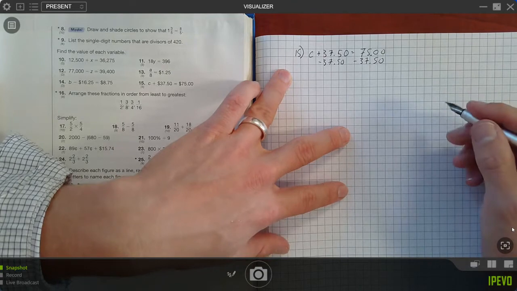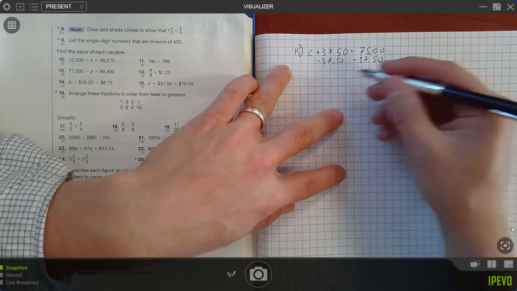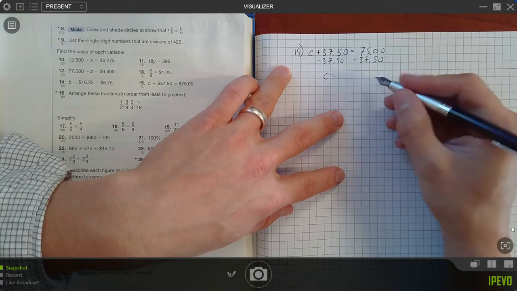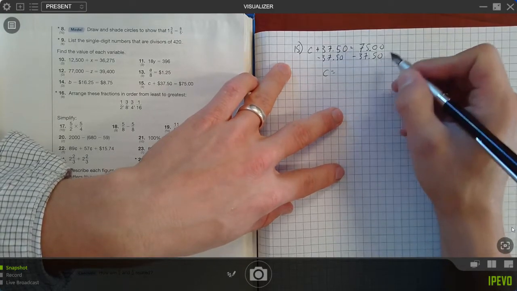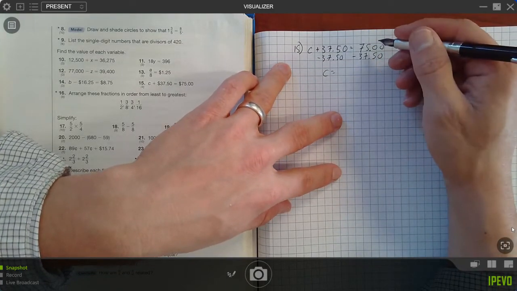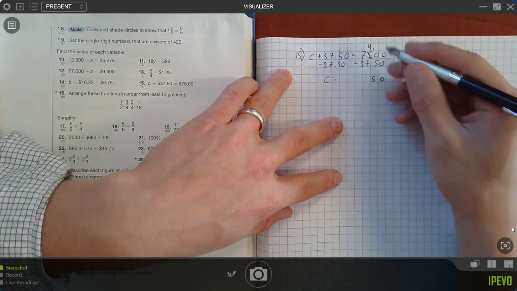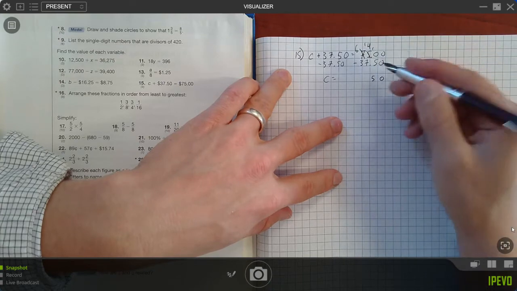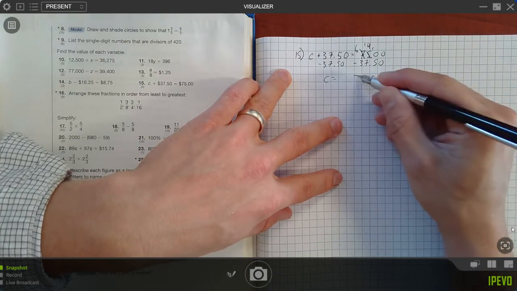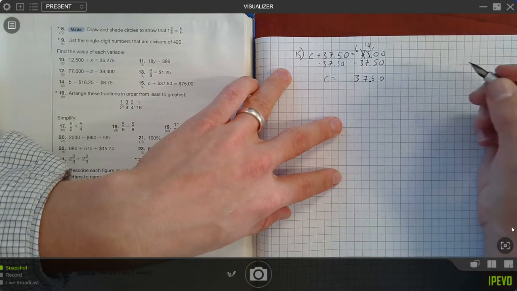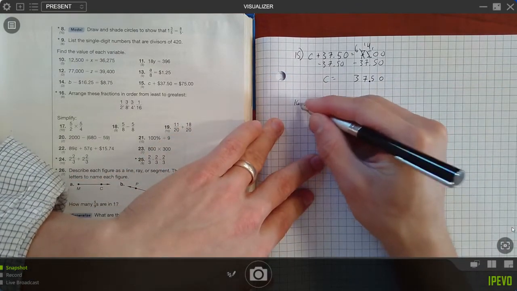Or we're just going to remember our subtraction facts. C equals 75 minus 37.5.